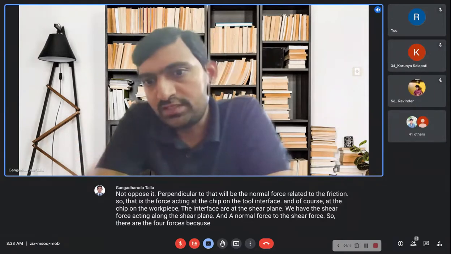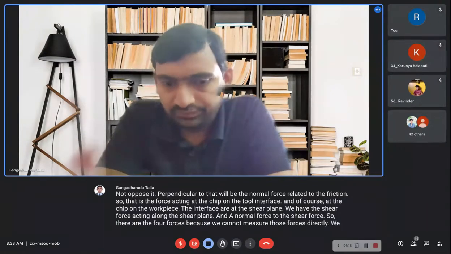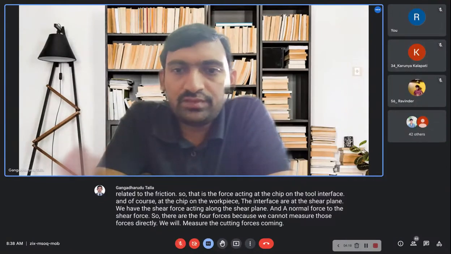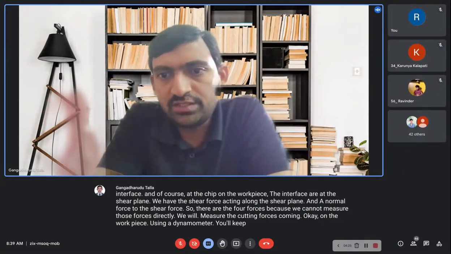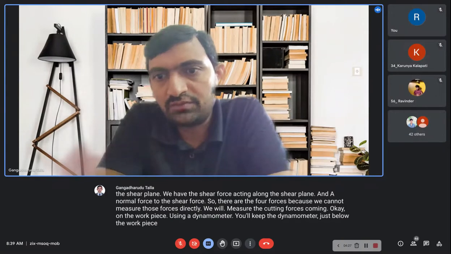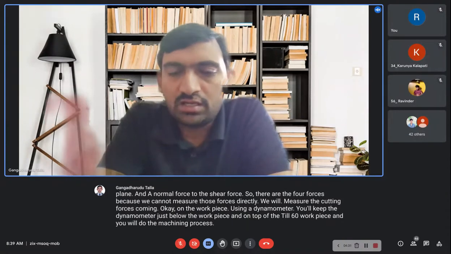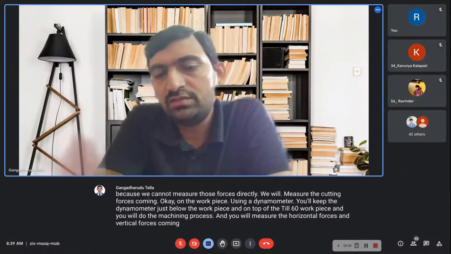Because we cannot measure those forces directly, we will measure the cutting forces coming on the workpiece using a dynamometer. You'll keep the dynamometer just below the workpiece, and on top of that you will fix the workpiece and do the machining process, and you will measure the horizontal forces and vertical forces coming onto that workpiece.